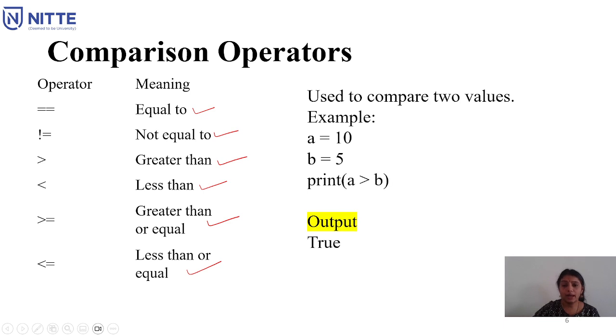For a simple example, A is equal to 10, B is equal to 5, print A is greater than B. That means the interpreter at the back end compares the value 10 greater than 5. As you can see, this operation gives you a true value, so the output printed here is true.